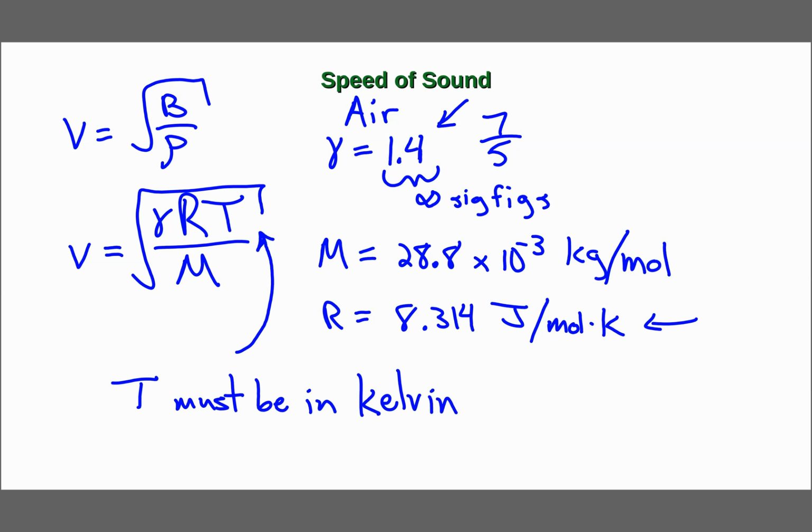And to put temperature in Kelvin, we just take, so we'll do T sub K. Temperature in Kelvin is equal to temperature in Celsius, okay, plus 273.15, okay? And that puts it in Kelvin.